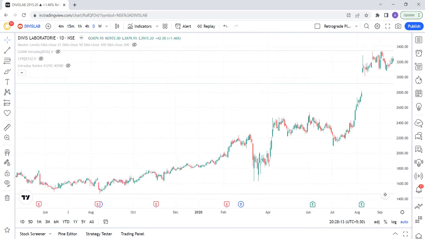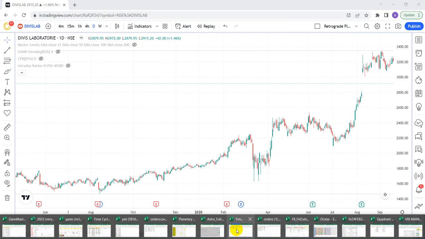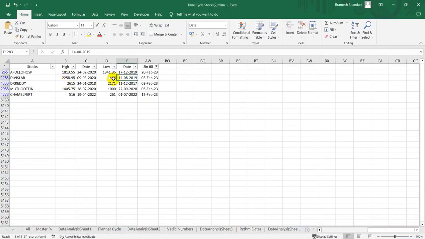Now, the calculations are very simple. So 1466, made on 14th August 2019. Now what we are doing is multiplying this price value by 0.866, which is the sine 60 degree value, and adding the result to this date.